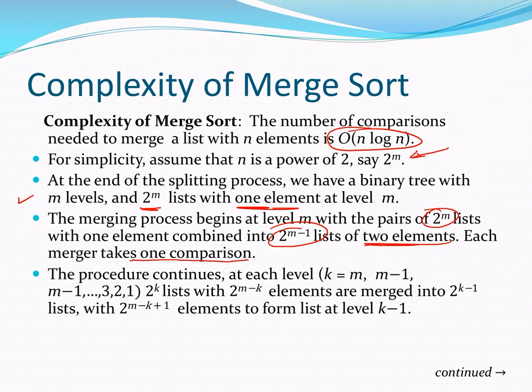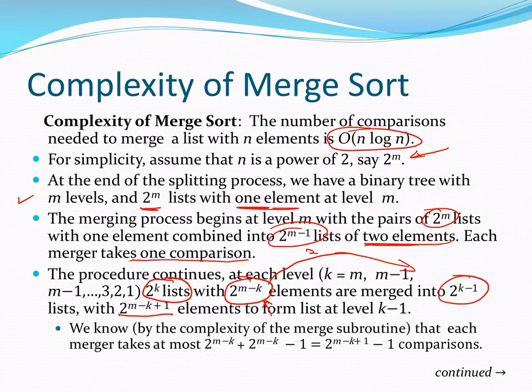And in general, whenever we have 2 to the k lists with 2 to the m minus k elements, that'll go down to 2 to the k minus 1 lists, and each will have 2 to the m minus k plus 1 elements. So since I've got 2 to the k lists of that, each one of these will take 2 of these to become 1 of these.